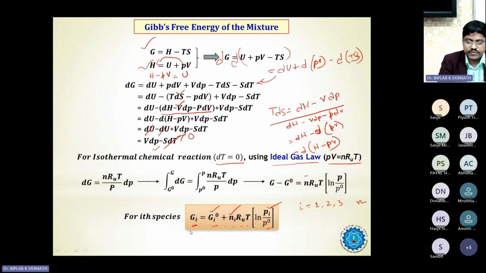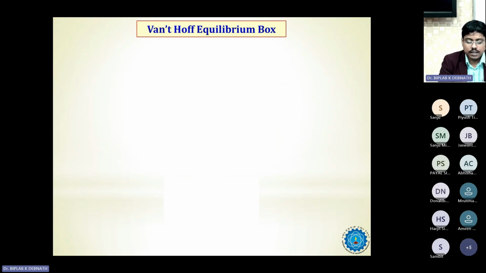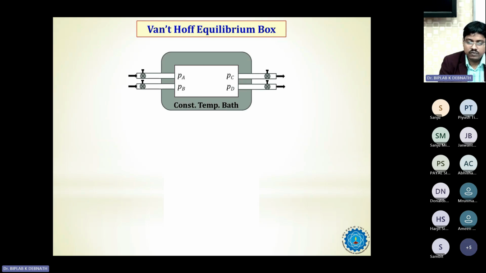Now using this Gibbs function, let us try to understand how we can explain the chemical reaction occurring. In order to understand chemical equilibrium, we have to use a Van't Hoff equilibrium box, which was given by a scientist named Van't Hoff. He said, let us consider that a moles of capital A and b moles of capital B are entering a constant temperature bath.